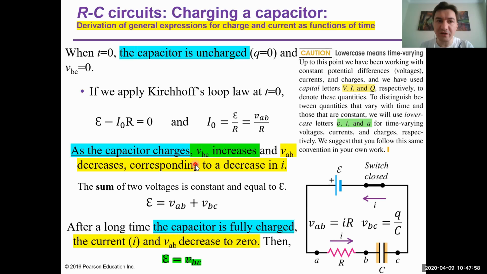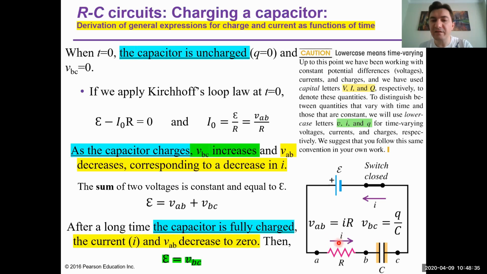Then for that condition, if we apply Kirchhoff's loop law at time 0, just choose the direction of the current like this, from positive to negative, and just choose a loop like this. This is the travel direction. We have learned all these things during the last lecture. And since the travel direction is from negative to positive for the EMF, we have positive here. And here, this is the current direction. This is the travel direction.